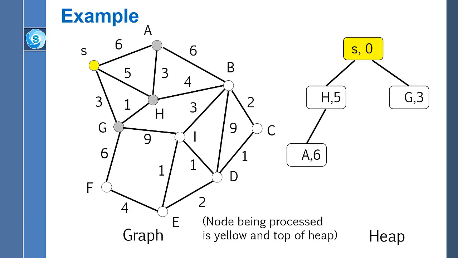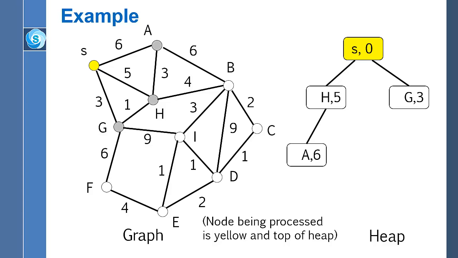While we're processing S, we of course discover three other vertices, A, H, and G. Okay, I'm not particularly interested in the order in which these are discovered, but as we put them into the heap, we could end up with the heap looking like this. Let's say we discover H first.